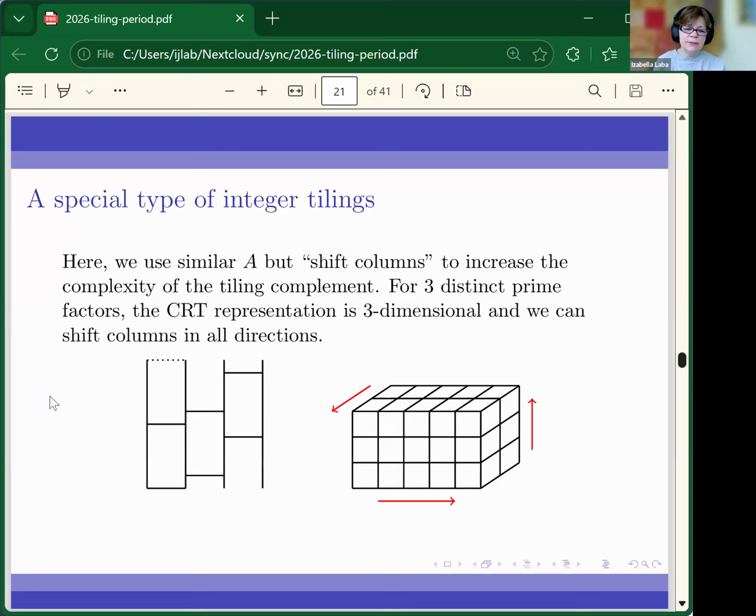In a three-dimensional picture, that would correspond to three distinct prime factors, I can again start with a lattice tiling, and then I can shift columns in all three directions. And if I only shift selected columns, like shown in the picture on the right, I'm going to be shifting the three columns with arrows next to them, one vertical, one horizontal, and one transversal to the screen. Then I can do all three of those.